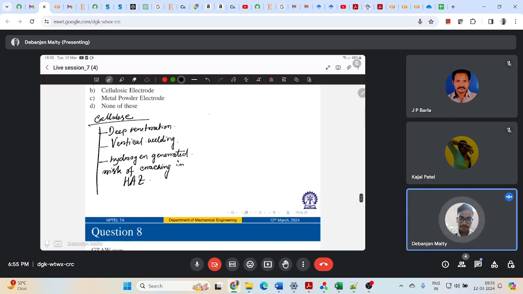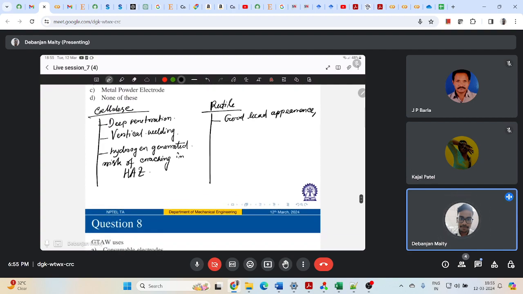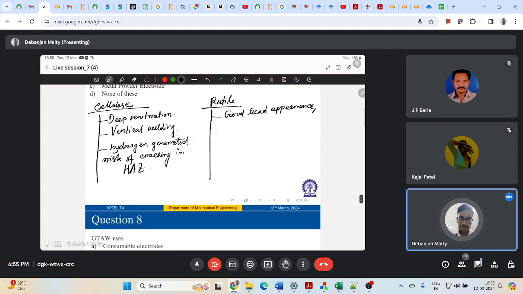And in rutile, we have good bead appearance. Because of the presence of titanium oxide, the slag will be viscous in nature.